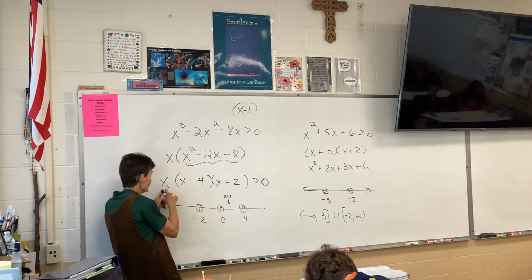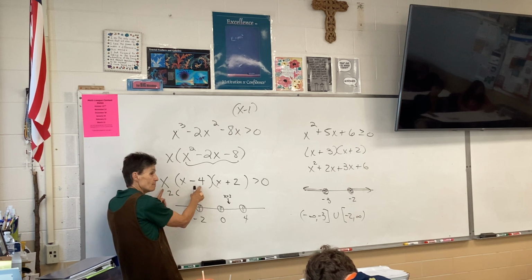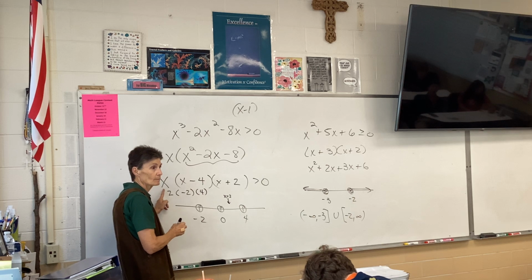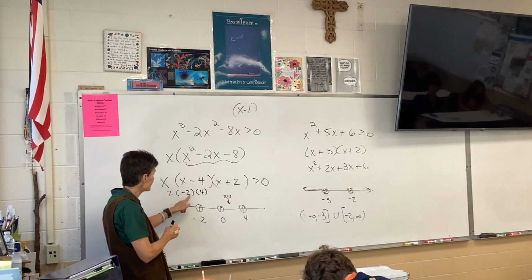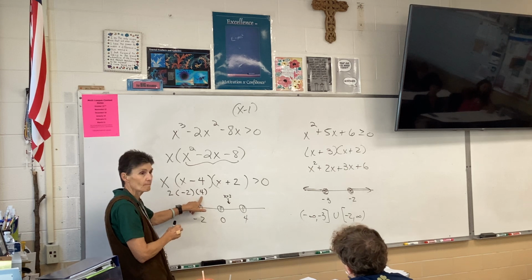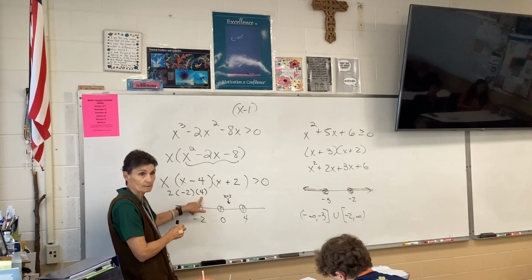So if x is 2, I have 2 times -2 times 4. What's 2 times -2 times 4? -16.